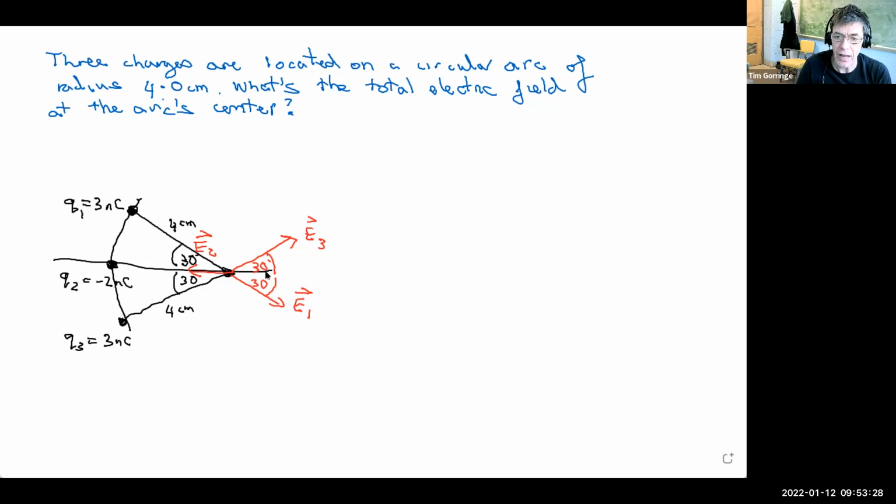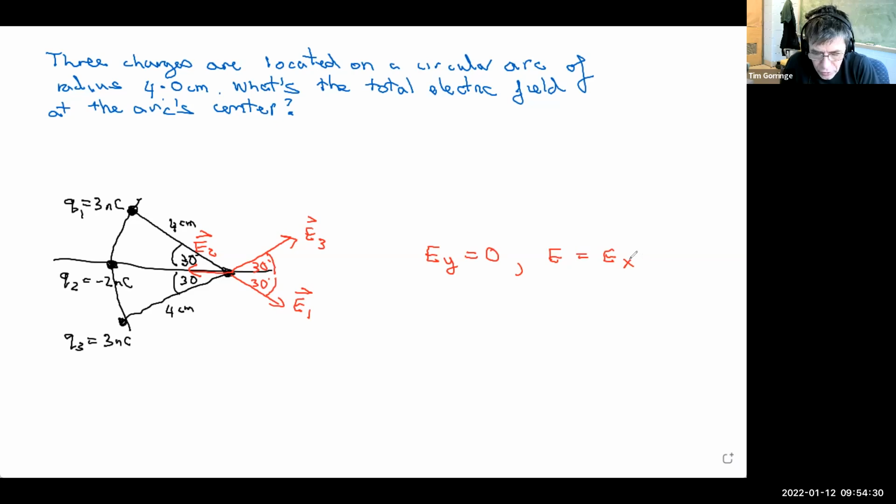There'll only be an x component for the resulting electric field, and that will determine its magnitude. Let me write that conclusion down. Ey refers to the y component of the resulting electric field, and we argued that that's going to be 0.